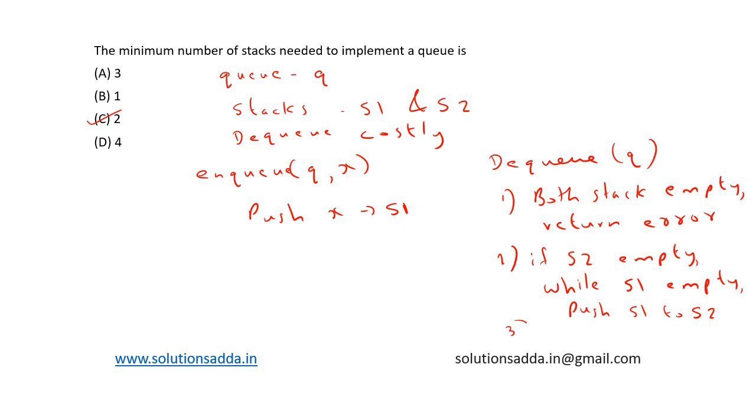Then in the last step, pop the top element from S2 and return it. This is one method where we can implement a queue using two stacks where the DQ operation is costly. So the correct answer is option C, 2.